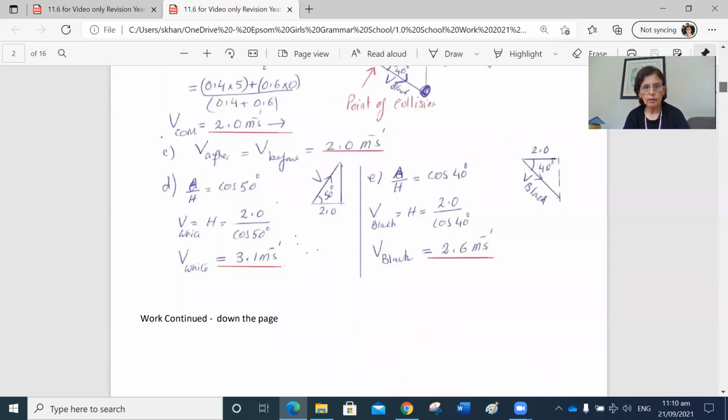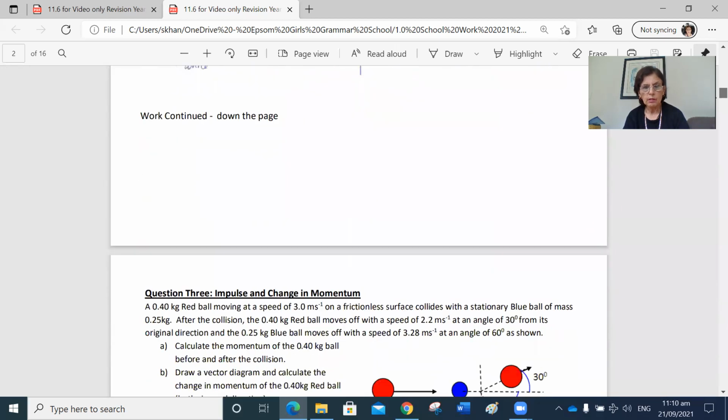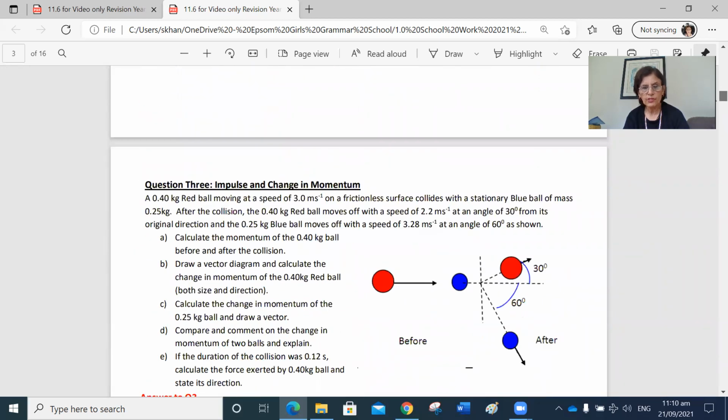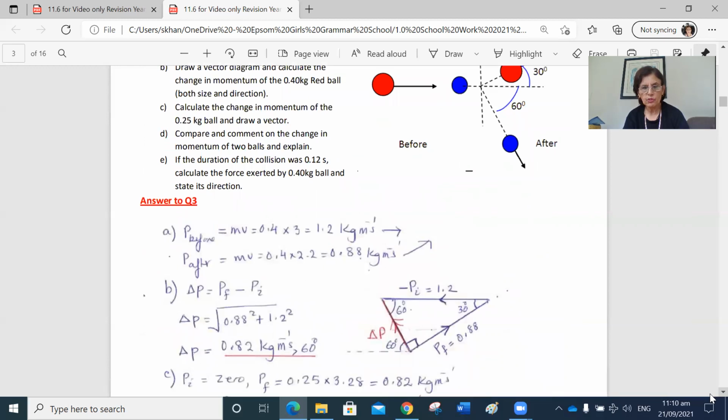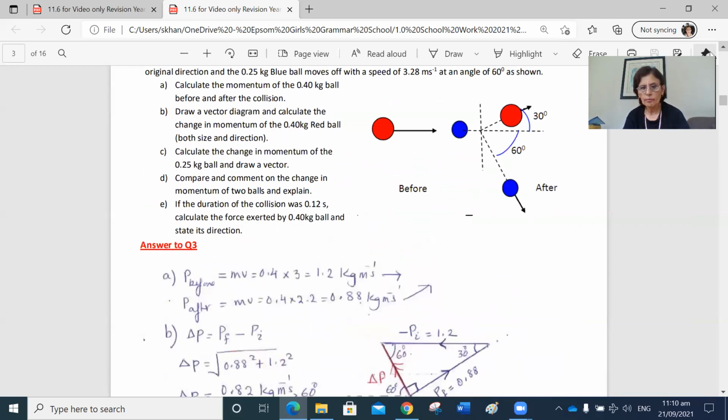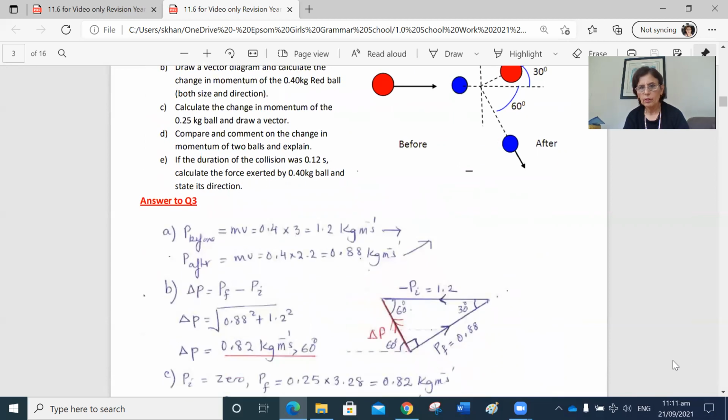The third thing we will look at is the collision from the point of view of change in momentum. In this question, the red ball was moving, the blue ball was stationary, and after the collision, the two balls go in these directions as shown.